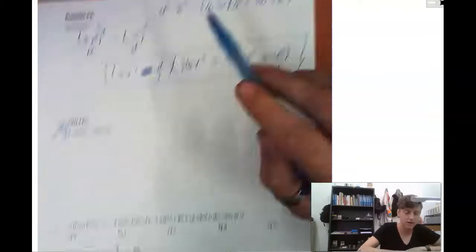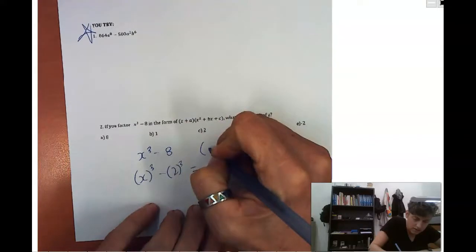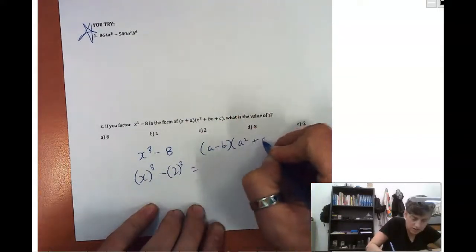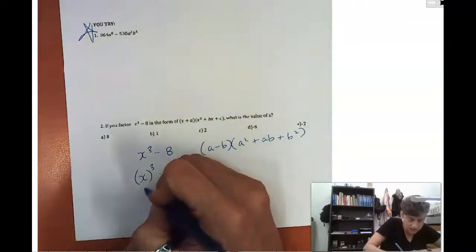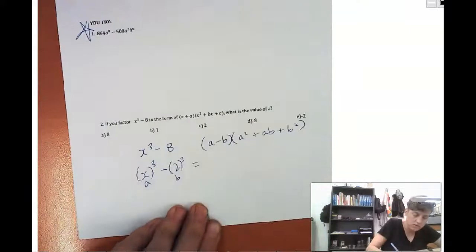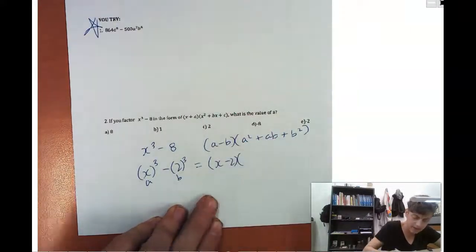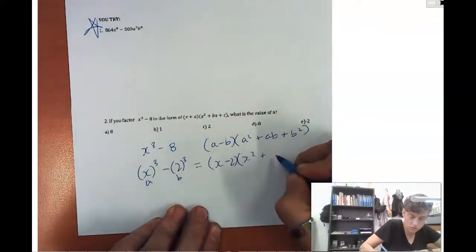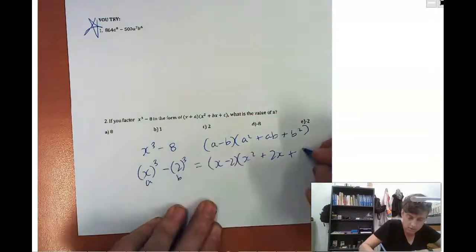I'll just rewrite it. Let's just rewrite it. Good practice. This is going to be a minus b times a squared plus ab plus b squared. My a here is x, my b here is 2, so this is going to be x minus 2 times x squared plus 2x plus 4, right?